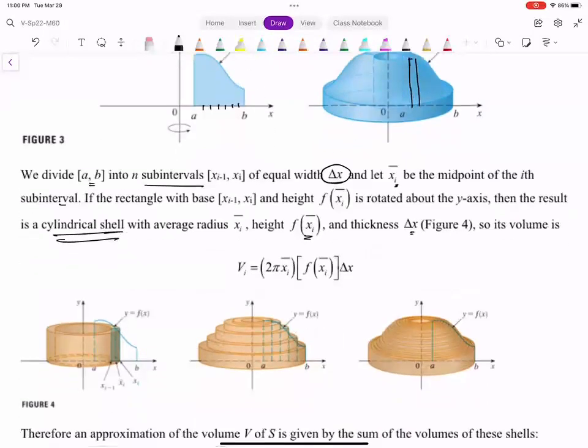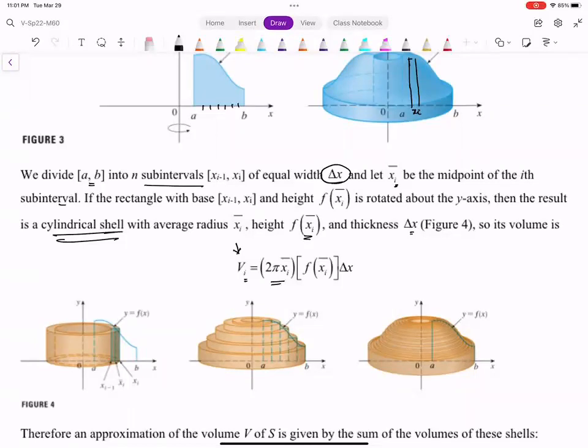So if you consider one sample cylinder on the ith subinterval, the volume of that cylinder, which we call V_i, is the circumference, which is 2 pi x_i, because we are placing it at a distance x_i from the origin, times the height, times the thickness, which is equal to the width of the ith subinterval, delta x.